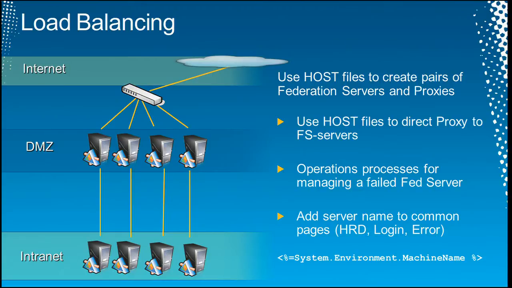So when a request comes in across the load balancer, if the client hits FSP1, it will only forward that request to FS1, FSP2, FS2, so on and so forth. What this means operationally is that if any one of my Federation server nodes fails, I not only need to take the Federation server out of the load balancer, I need to take its proxy out of the load balancer because it's a one-to-one relationship. And this is all just part of our operational processes.